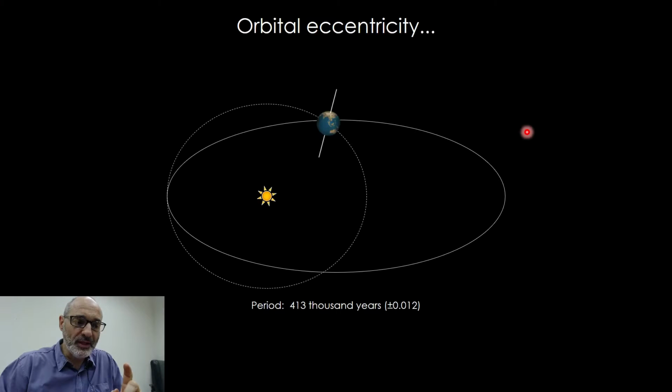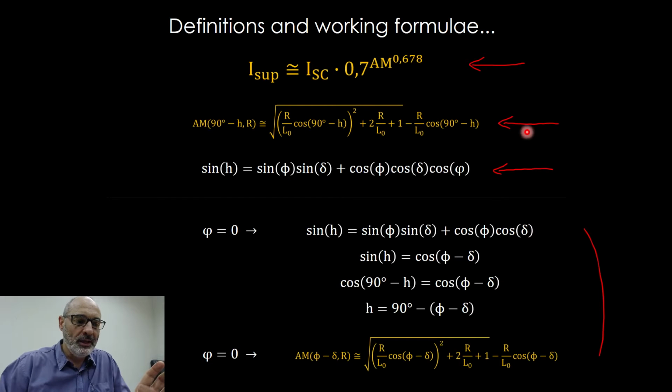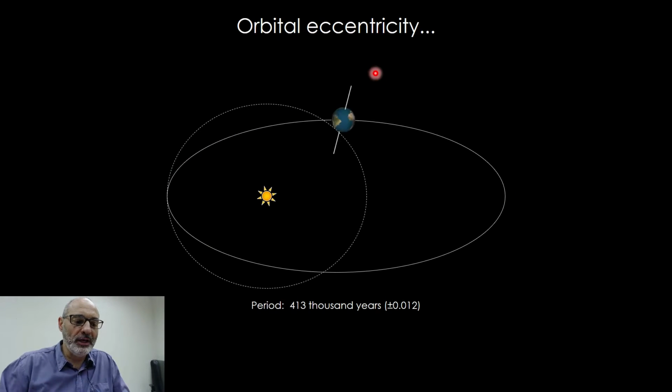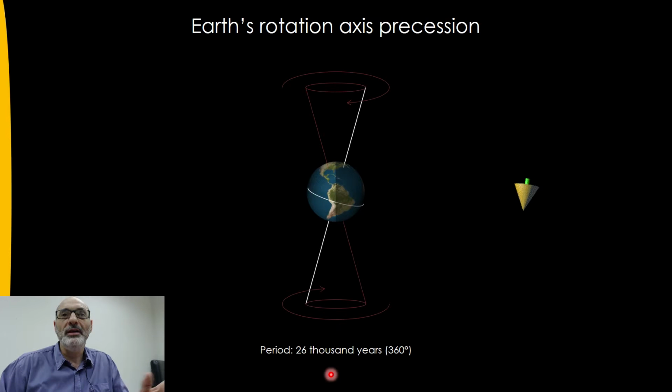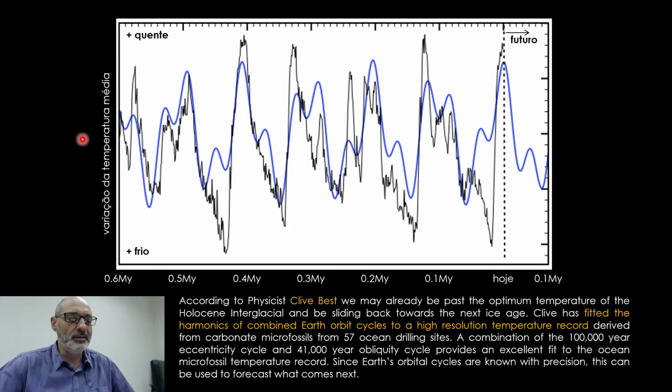If you calculate, I'm going back some slides, the influence of these movements, for instance, on this quantity here, what we call the solar constant, because this is easy, you just integrate the amount of energy arriving on top of the atmosphere. If you account for these very slow variations of 100,000 years, 40,000 years, and 20-something thousand years, and you plot this on a graph, you get this blue curve here.